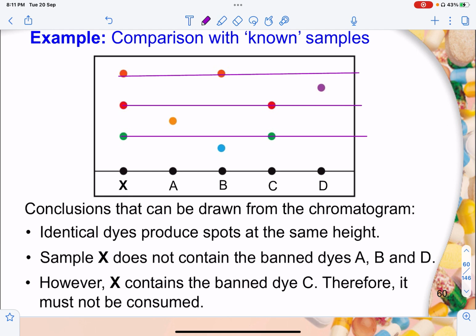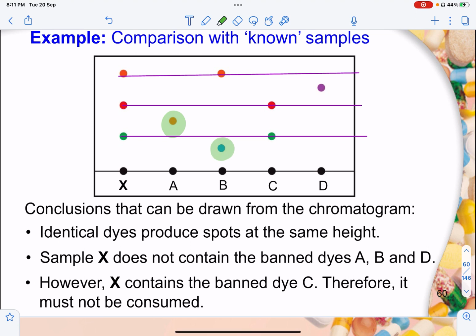So based on these three, we are able to see a few things. Number one, the identified dyes produce spots at the same height, and X doesn't contain A. Why no A? Because there is no intersection of A with X. No B. Why?